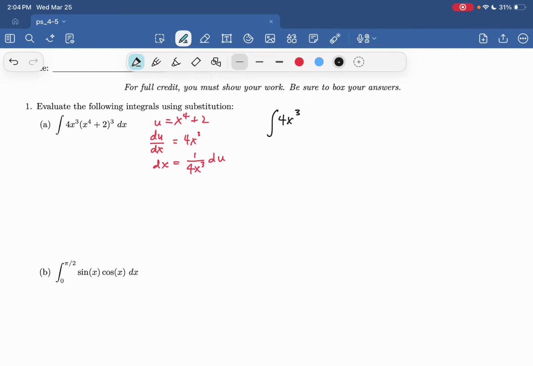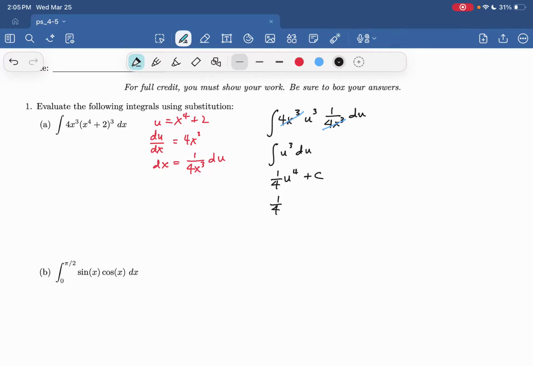And so this is u cubed, and dx is 1 over 4x cubed du. And so this makes the 4x cubed cancel out. So we're left with the integral of u cubed du, which is 1/4 u to the fourth plus c.